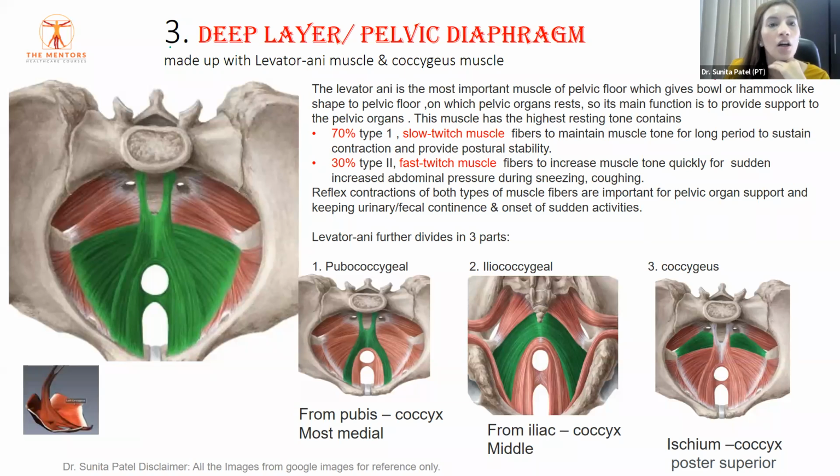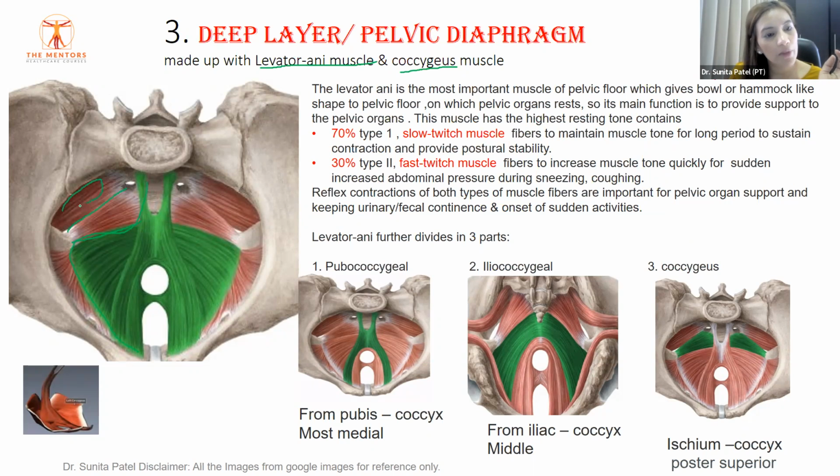The deeper layer of the pelvic floor is made up of two parts: the levator ani muscle and the coccygeus muscle. These two parts form the deeper layer of the pelvic floor. This green part is the levator ani, and this is the coccyx.